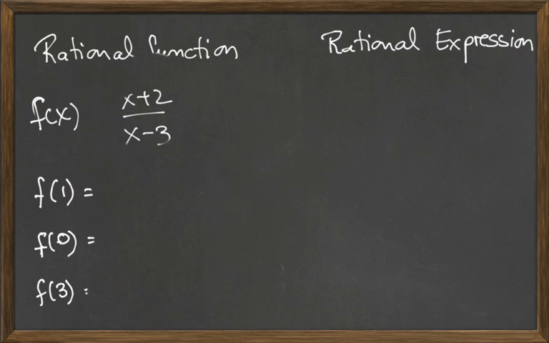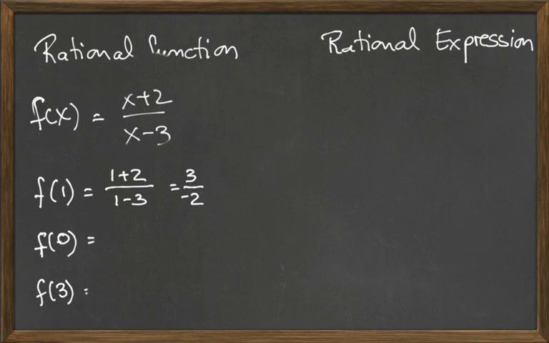That means that you plug 1 in for x. Every time in your function you see the x, you plug in a 1. So 1 plus 2 over 1 minus 3. 1 plus 2 is 3, and 1 minus 3 is negative 2. Done you are.